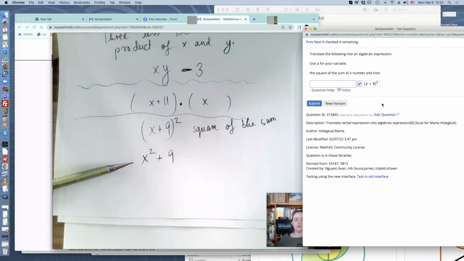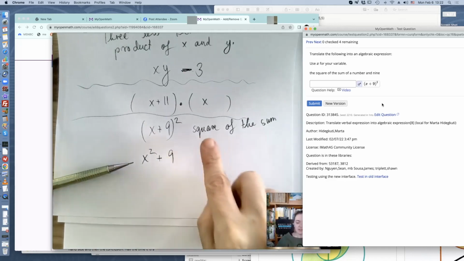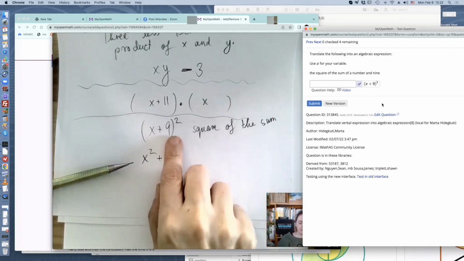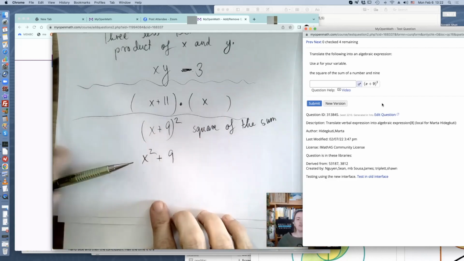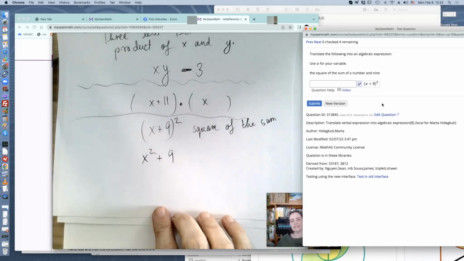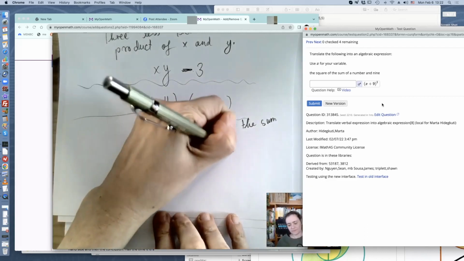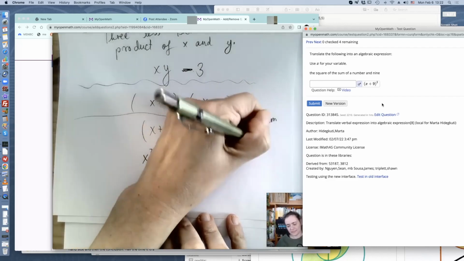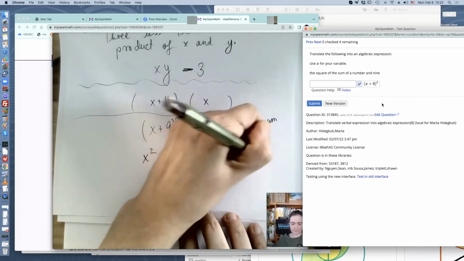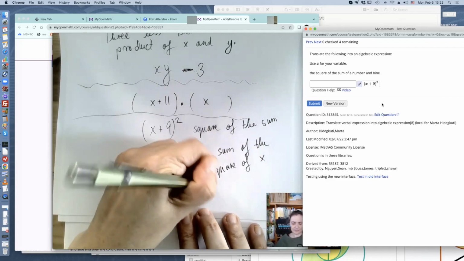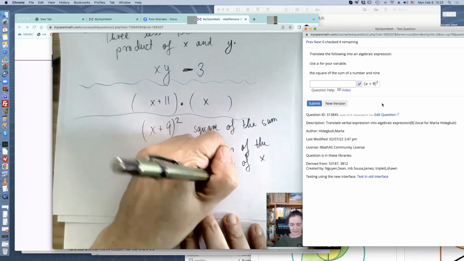No, that's kind of the point. It's the sum of the square. It's an order of operations thing. Here, the square of the sum. You add first, then you square. Here, the sum of the square of x and 9. The sum of the square of x and 9.